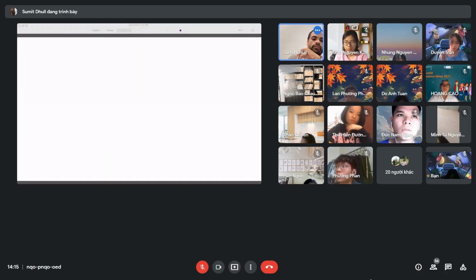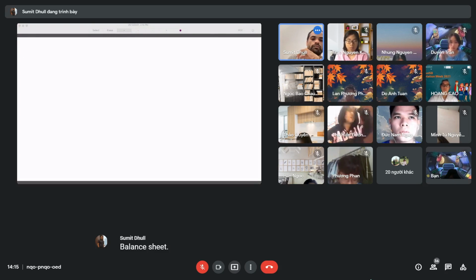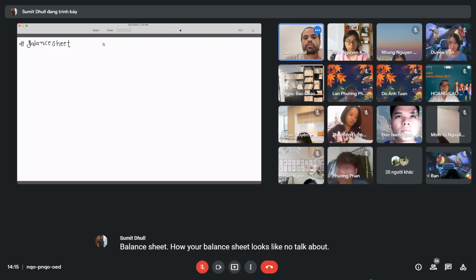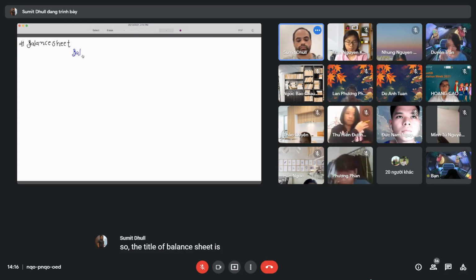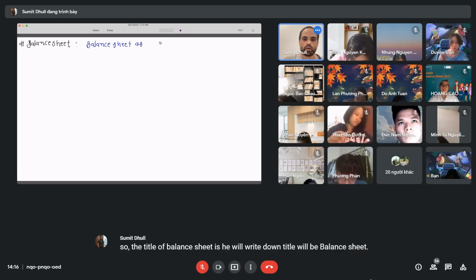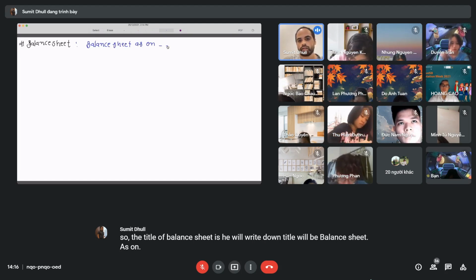Balance sheet. How your balance sheet looks like. Now talk about balance sheet. So the title of balance sheet, you will write down, title will be balance sheet as on, and here is the date.